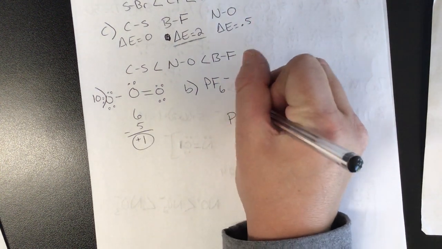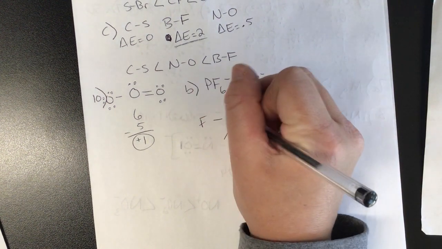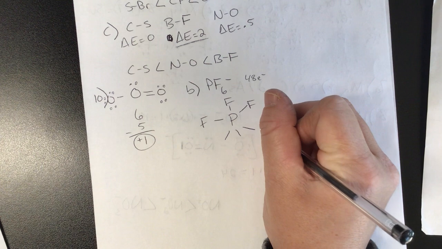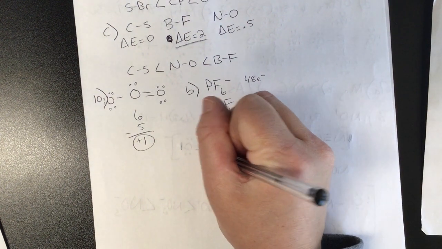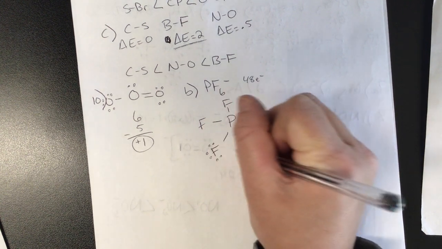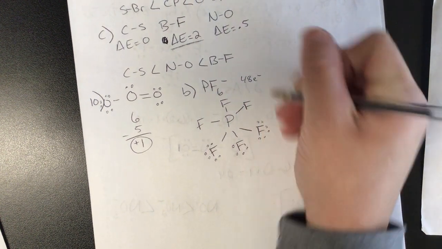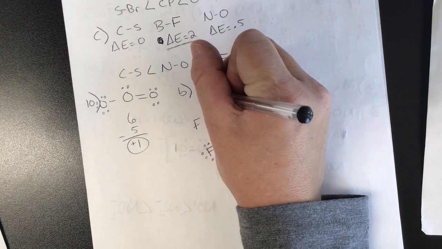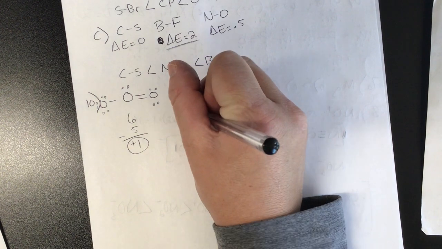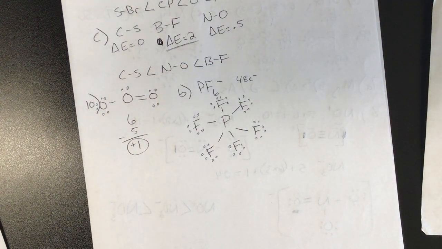We've got P in the middle, with 6 fluorines around the P. When we put our lone pairs in, we have used all 48 electrons.